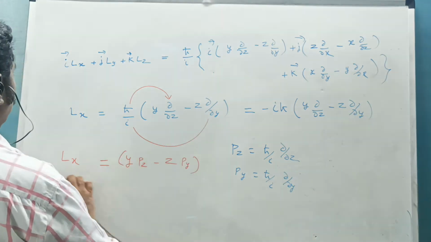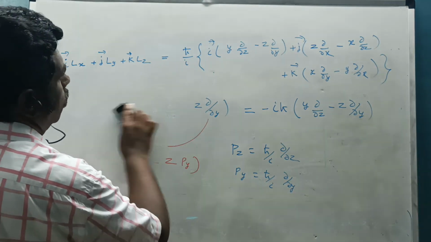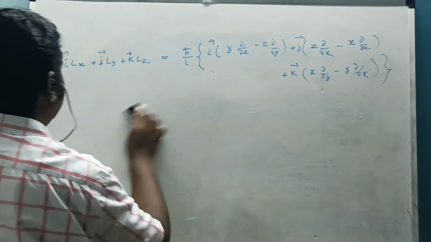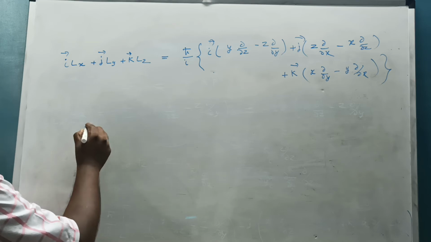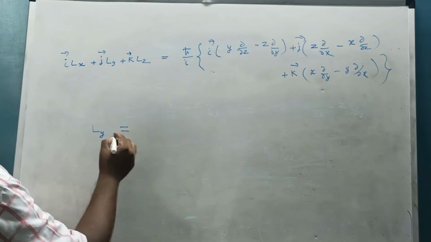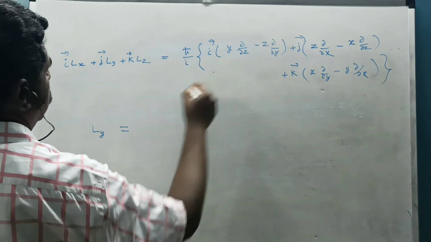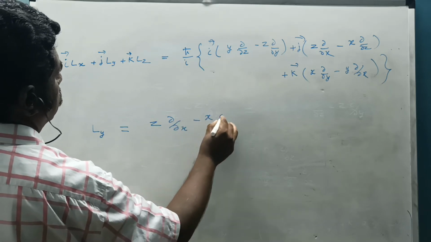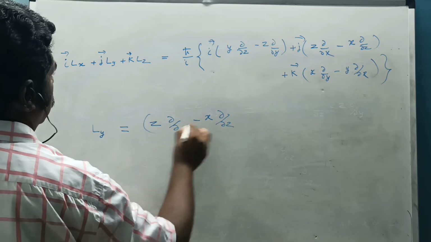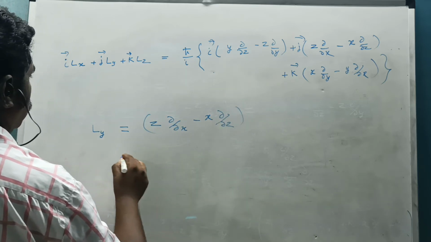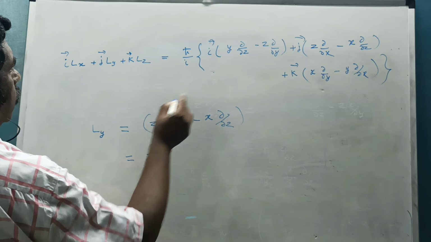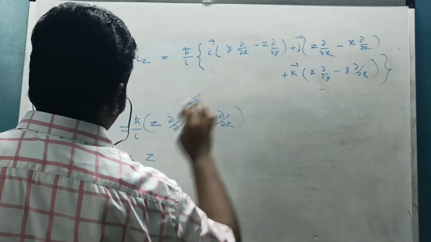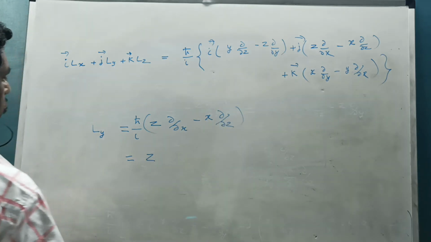Similarly, if you compare the coefficient of j on both sides, we can get the value of Ly. Ly is equal to the coefficient of j, which carries z into ∂/∂x minus x into ∂/∂z. Here ħ/i is commonly present, so it is ħ/i into this term: z ∂/∂x minus x ∂/∂z.